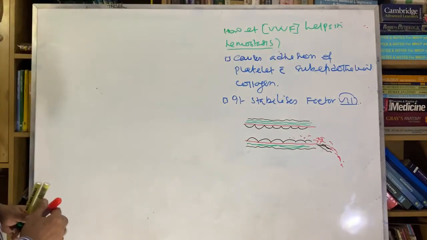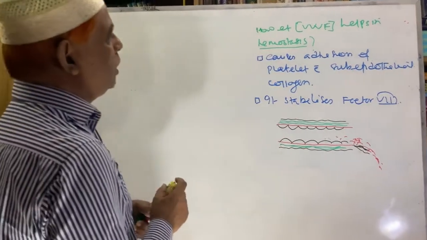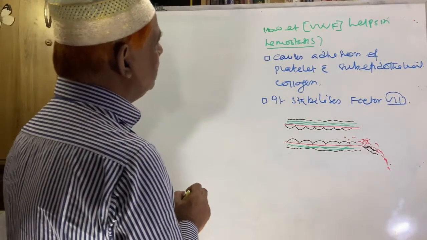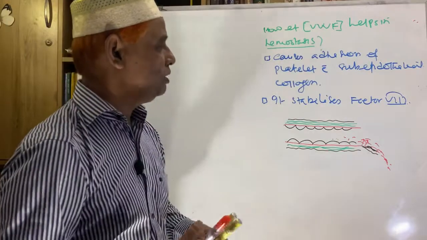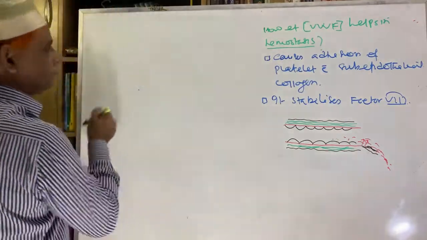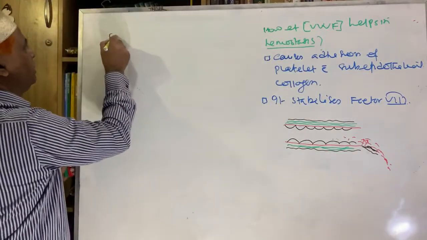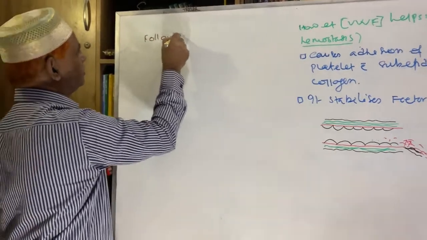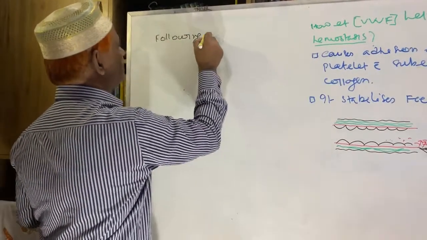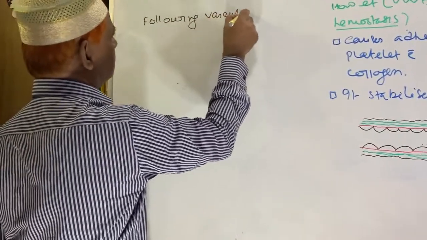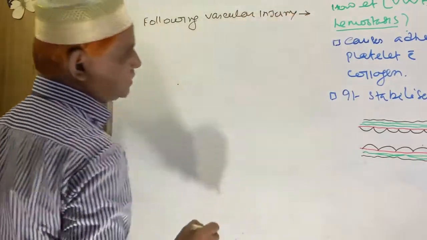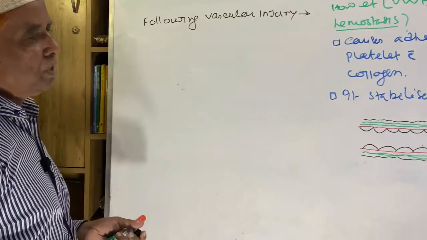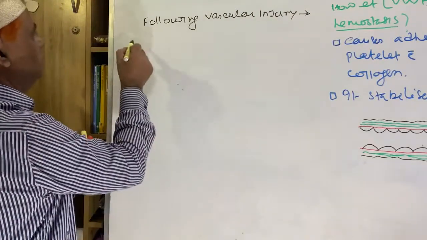Now come to the mechanism of hemostasis by von Willebrand factor. Following vascular injury, what happens? There is exposure of subendothelial collagen fiber.